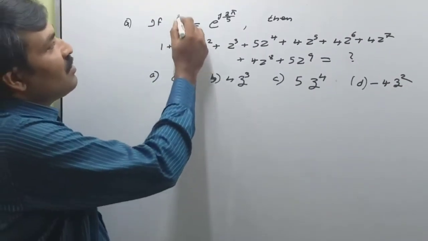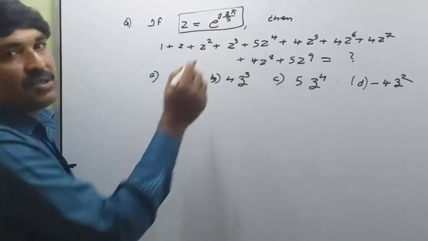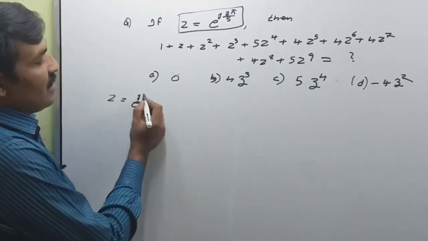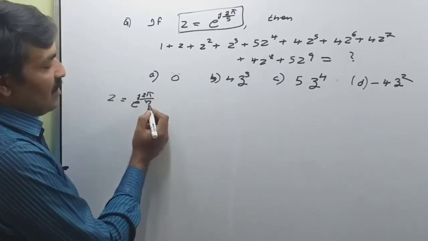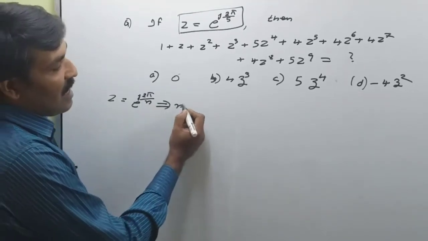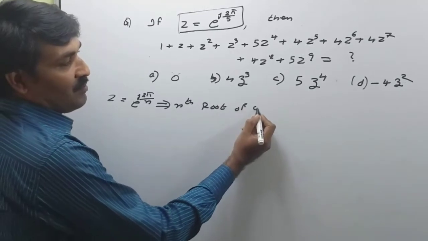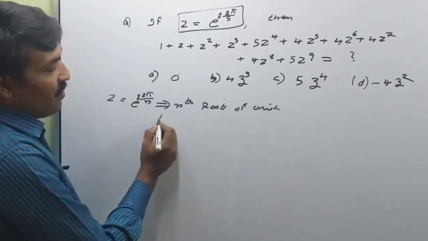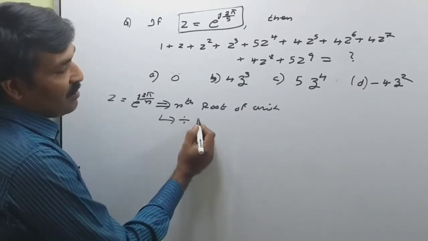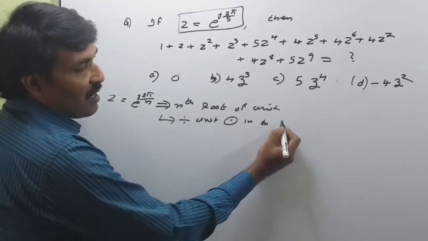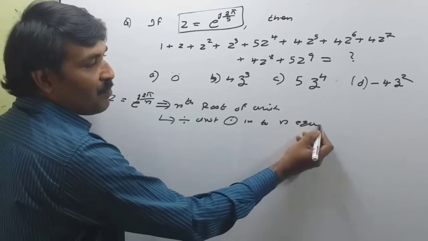Here z is equal to e raised to j 2 pi by 5. If z is equal to e raised to j 2 pi by n, this implies nth root of unity. This will divide the unit circle into n equal parts.